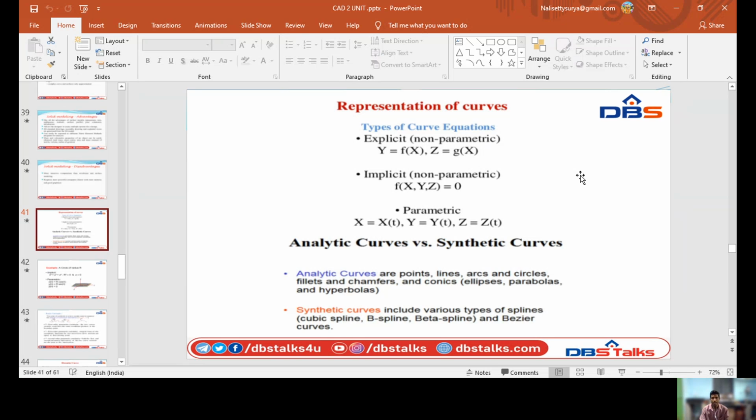When coming to non-parametric, there is no chance to calculate any distributions here, only forming explicit and implicit curve representation. That is the difference between parametric and non-parametric. In parametric, we are doing statistical distributions for calculations. In non-parametric curve representation, we don't calculate any type of statistical distributions in non-parametric equations.